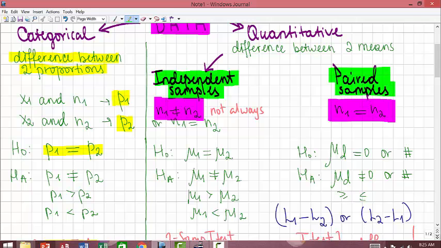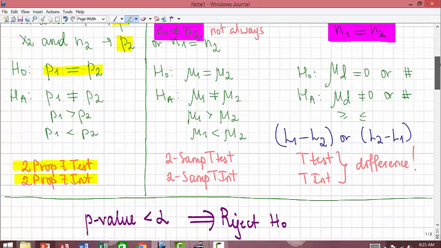So let's say you're dealing with independent samples. Then what are your hypotheses? The null hypothesis will always say there is no difference, the two things are the same, and the alternative will say they're either not the same or one is bigger than the other. If that's the case, you're dealing with two sample t-test or two sample t-interval.